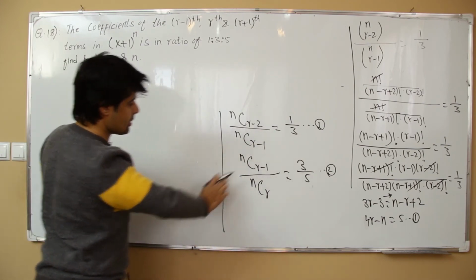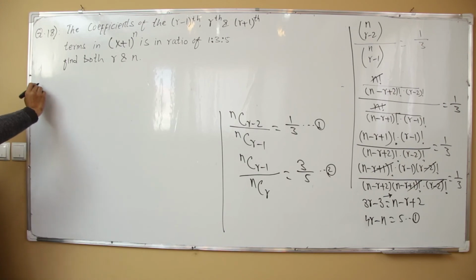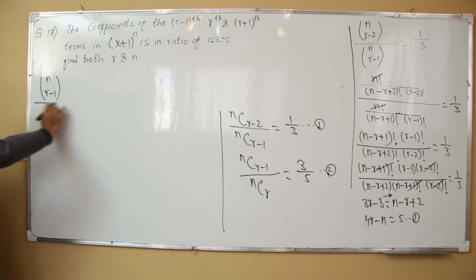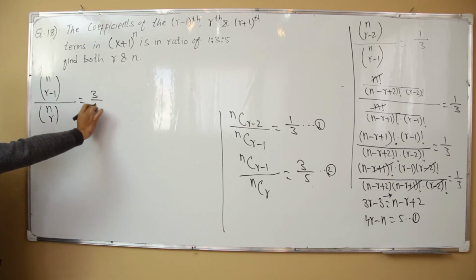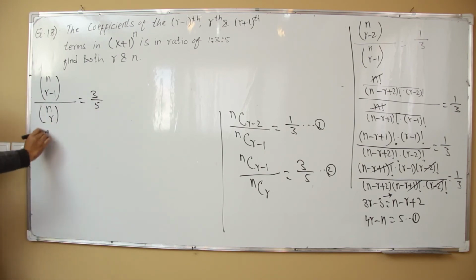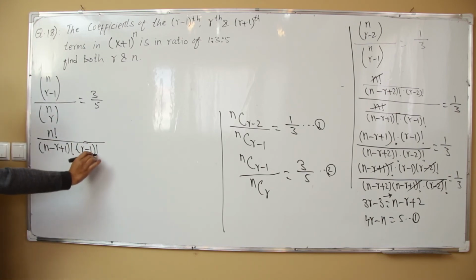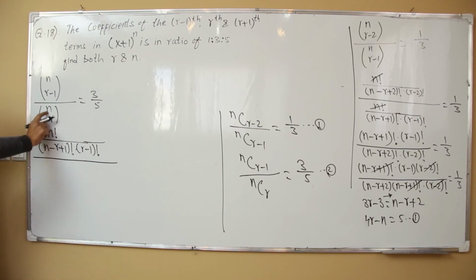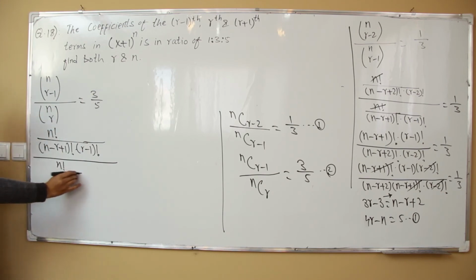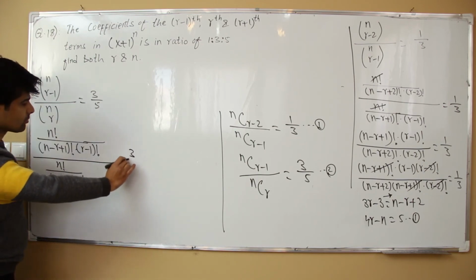The second equation is this one. It is nC(r-1) divided by nCr is equal to 3 divided by 5. Now you can simplify: n factorial, (n minus (r minus 1)), it's (n minus r plus 1) factorial, times (r minus 1) factorial, divided by nCr, we have n factorial, (n minus r) factorial times r factorial, is equal to 3 by 5.